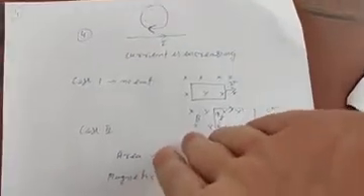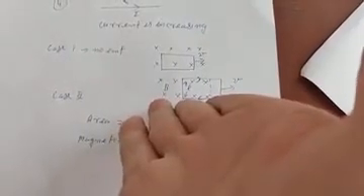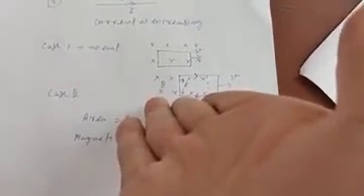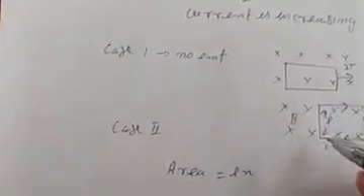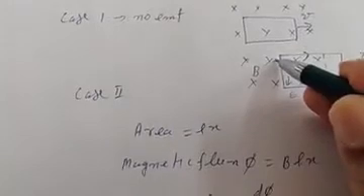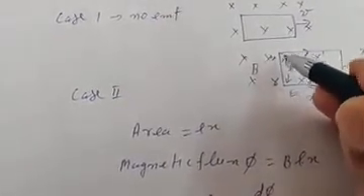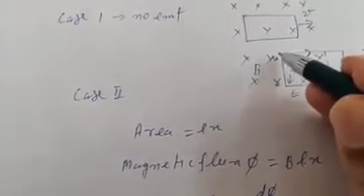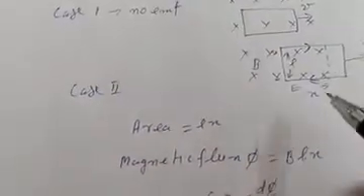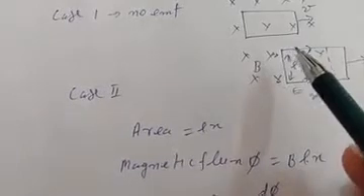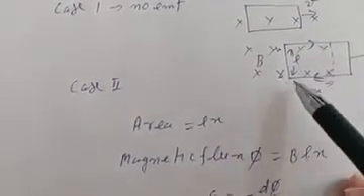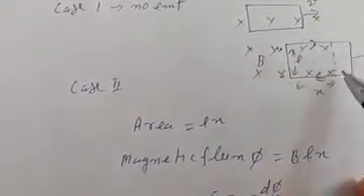Magnetic field inward, thumb giving the direction of motion of the rod. The palm gives the direction of force for a positive charge, but electrons are negatively charged. So electrons will experience force in the downward direction. So the upper end will become the positive terminal, the lower will become the negative terminal. It will be like a cell, and in the cell, current flows from positive to negative terminal outside. So that will be the direction of the current.